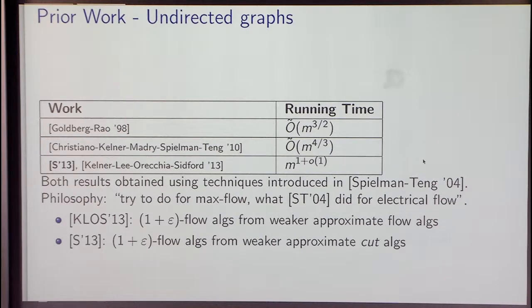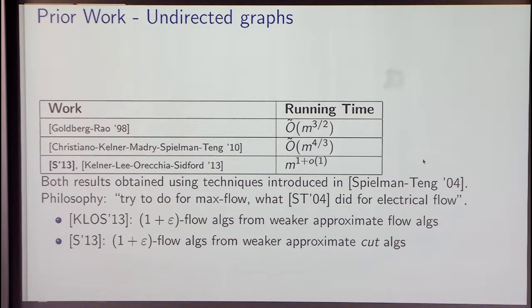And I think it'd be accurate to say the philosophy for both papers is basically to try to do for maximum flow what Spielman-Teng did for electrical flow. So you can view solving a Laplacian system as an algorithm for a certain kind of flow problem that does something different from max flow. It minimizes L2 norm instead of L infinity norm.